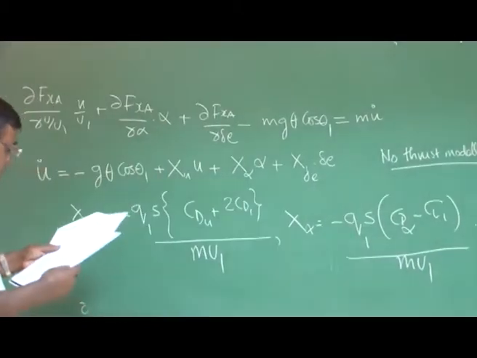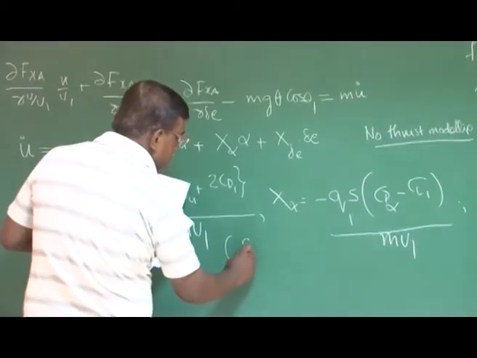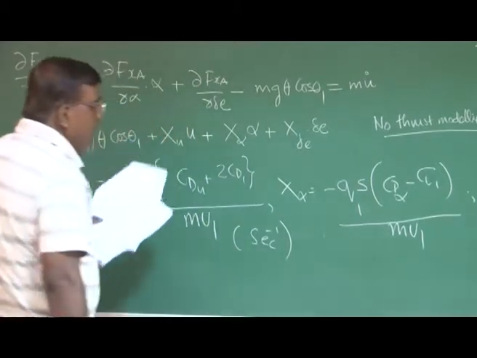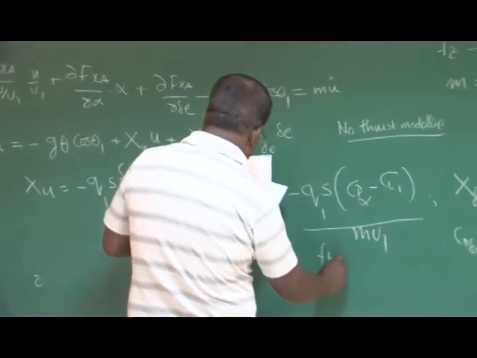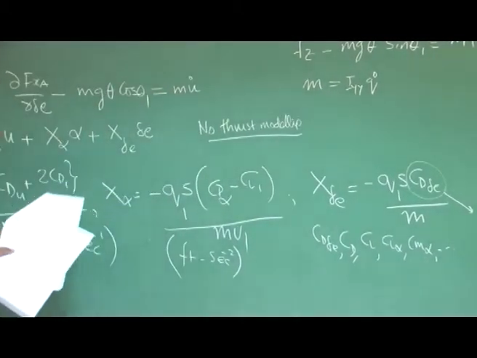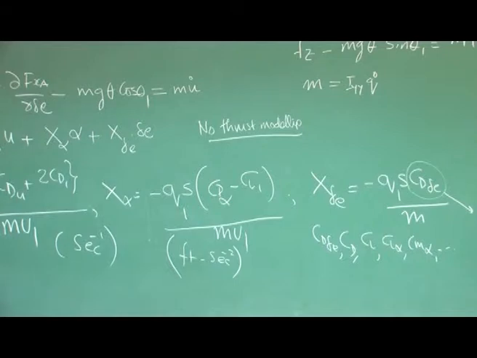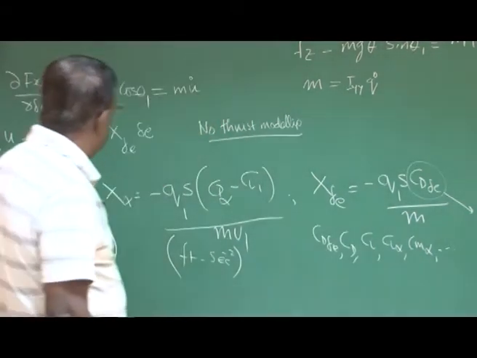For example, the dimension of Xu, you will find, is second inverse. Dimension of X alpha, you will find is feet per second squared. Forgive me, I am using feet here. Similarly, X delta E has a dimension.